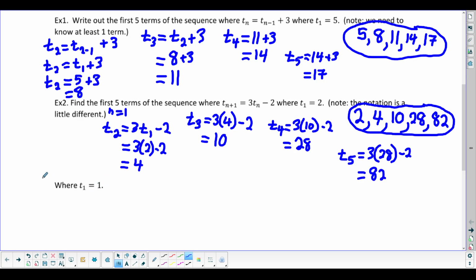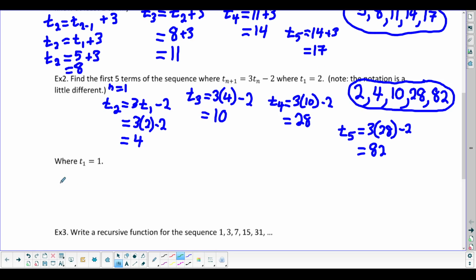Okay, so here's another part to this question where it says, what if instead of t1 being 2, it was 1? Okay, well, let's see how that changes things here. So if we have 1, then to find term 2, we have 3 times term 1, the value of term 1, which is 1, minus 2. That is going to be 3 minus 2 is 1.